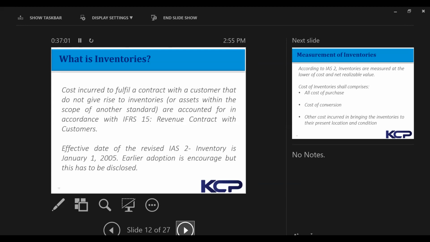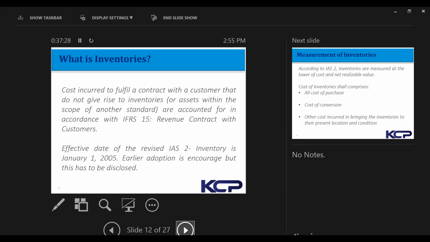That was the area I was earlier trying to explain, that IFRS 15 made minor changes to it. I'll take that again. Costs incurred to fulfill a contract with a customer that do not give rise to inventory or assets within the scope of another standard are accounted for in accordance with IFRS 15.